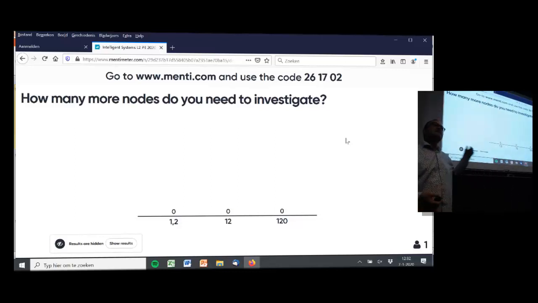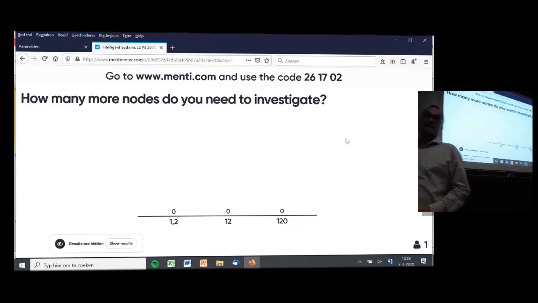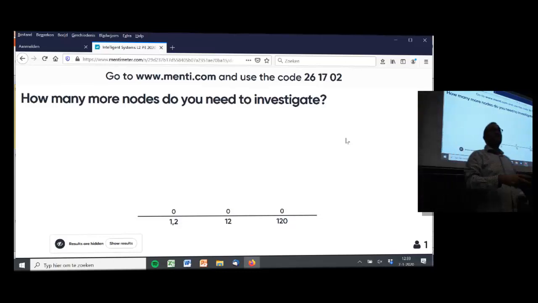So do you think this is 1.2 times extra work, or is it 12 times extra work, or is it 120 times extra work if we go to the asymptotic, namely lots of depth?